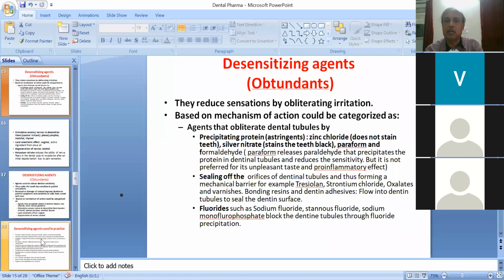The advantage of zinc chloride is that it does not stain the teeth. Another is silver nitrate. The problem is that it stains the teeth black. Others which can be used as astringents are paraform and formaldehyde. The paraform releases paraldehyde that precipitates the protein in the dentin tubules and reduces the sensitivity.